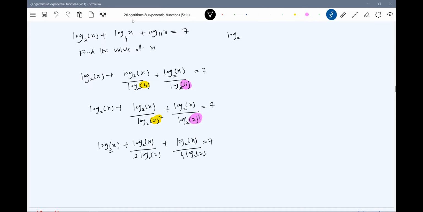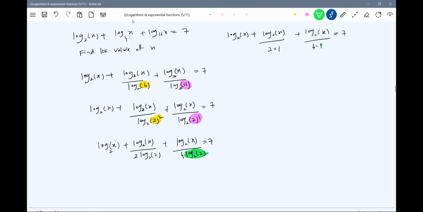Then the value of this log 2 to the base 2 is how much?